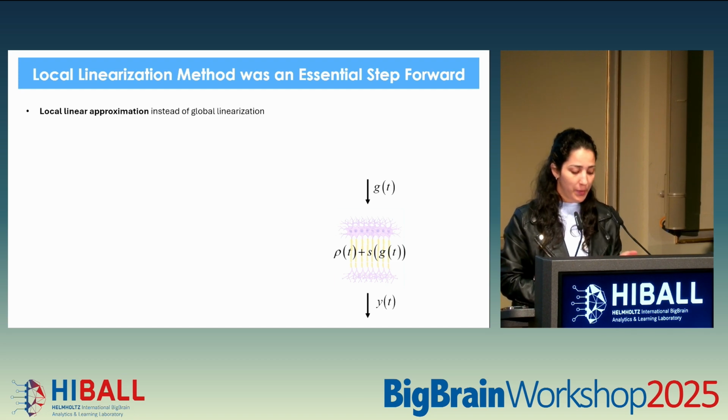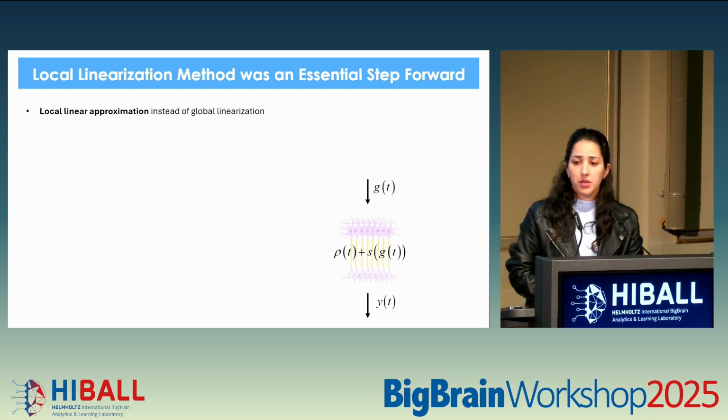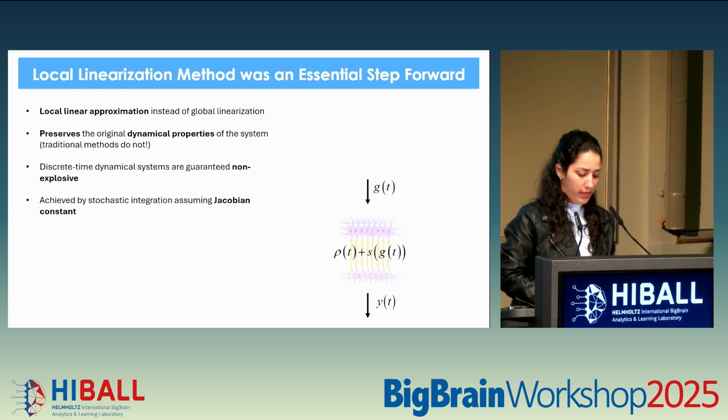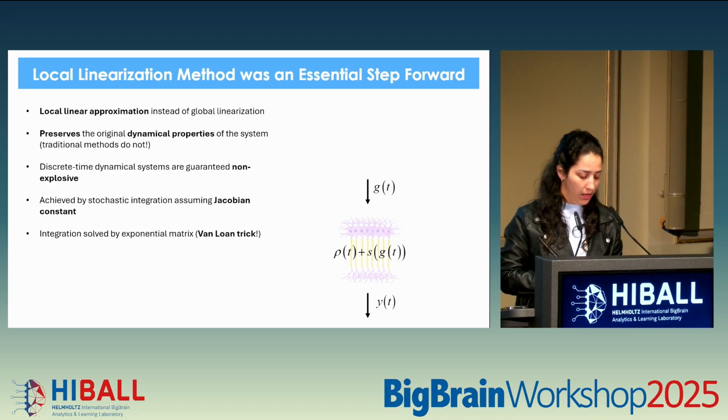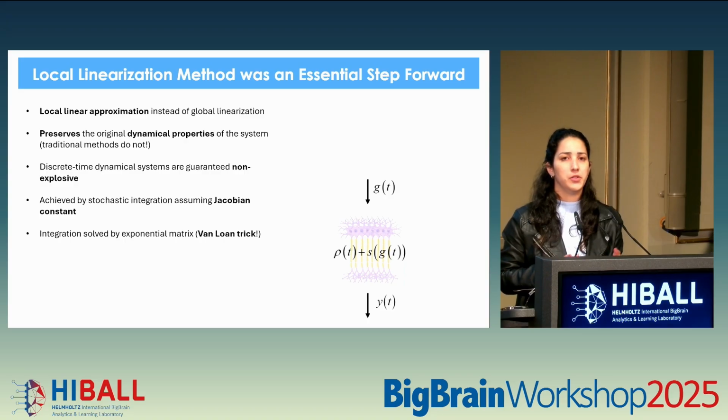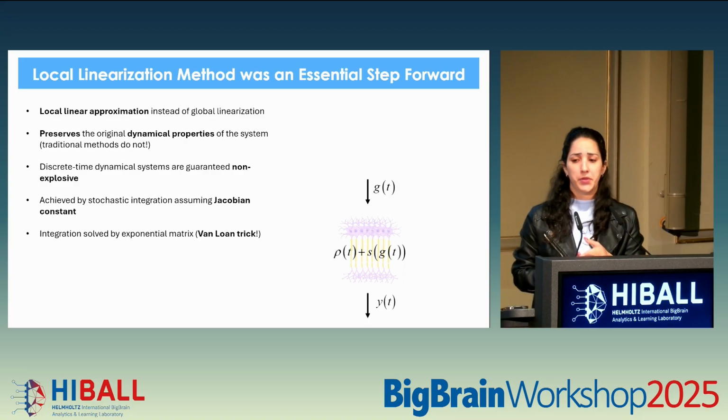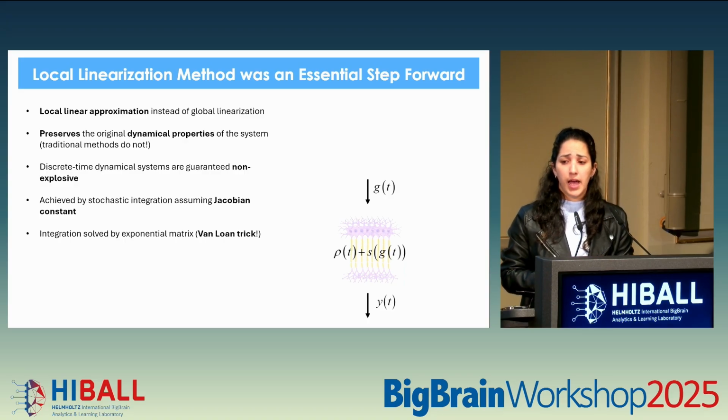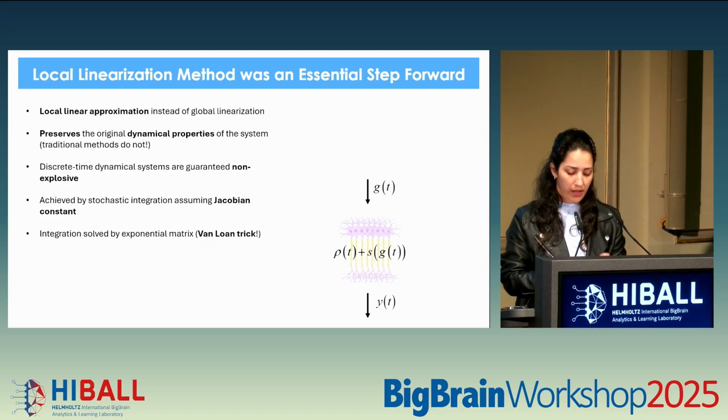For the numerical integration, we use the local linearization method, which has been proved to be a bit more stable than traditional numerical integrators like Euler-Maruyama and Runge-Kutta, and it preserves the dynamical activity of the original system.